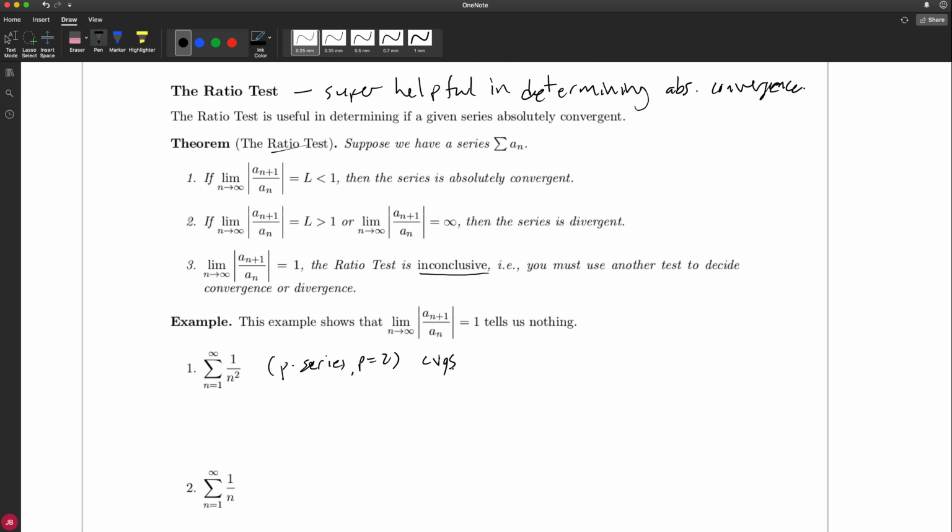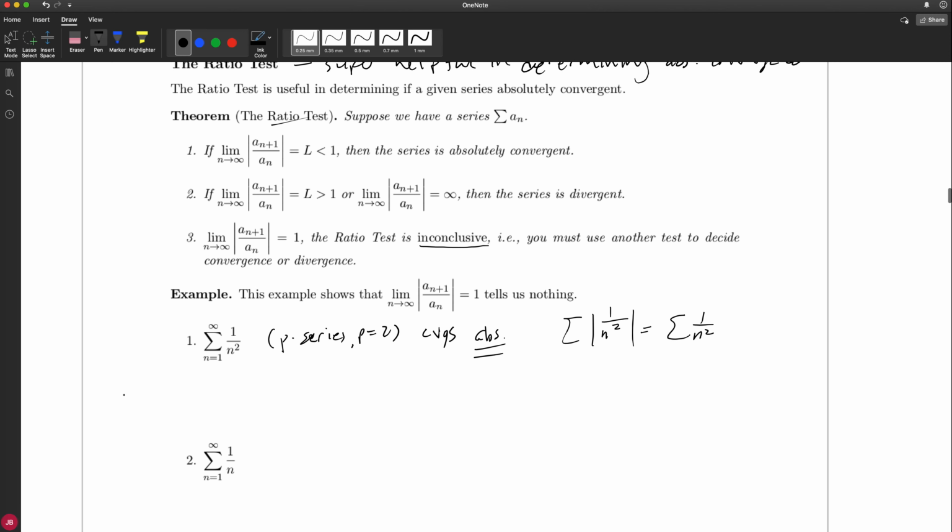Furthermore, we know that it actually converges absolutely because, look, if you put the absolute value bars there, 1 over n squared is already positive, right? And we know that this one converges, and so the series with the absolute values on the 1 over n squared also converges, okay? However, let me show you what happens when you apply the ratio test.